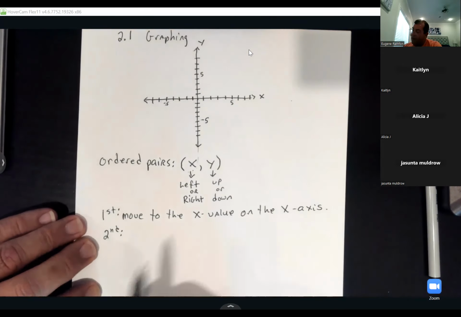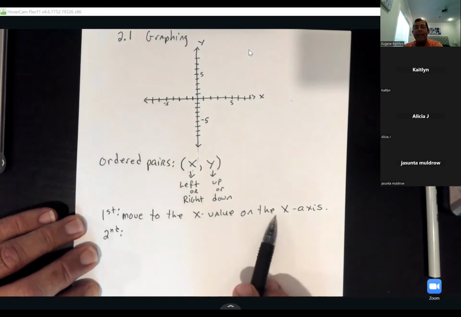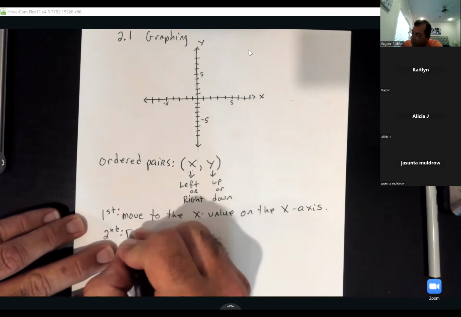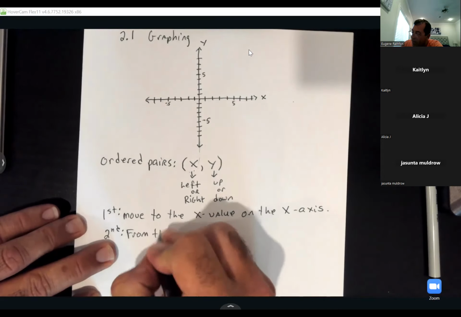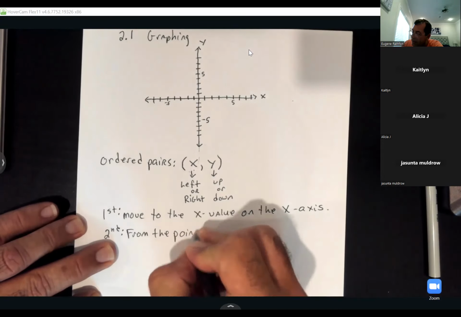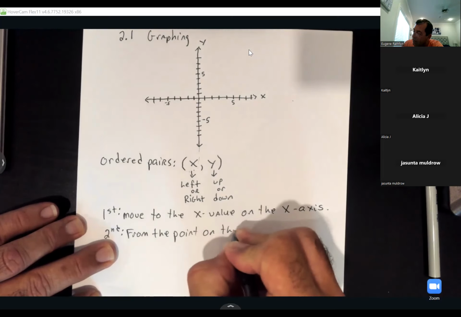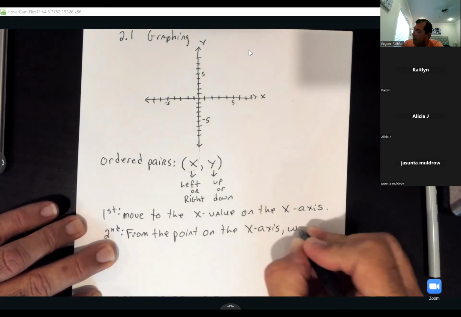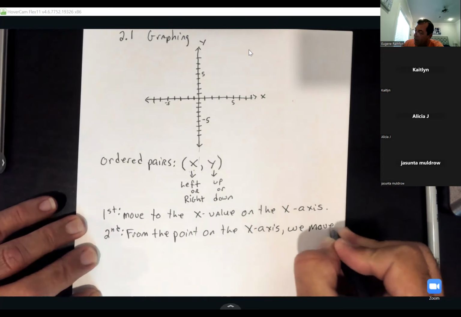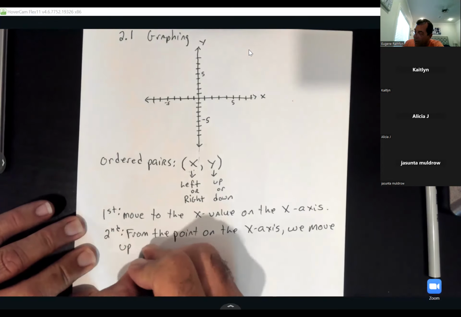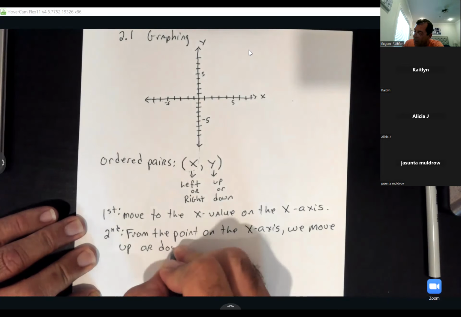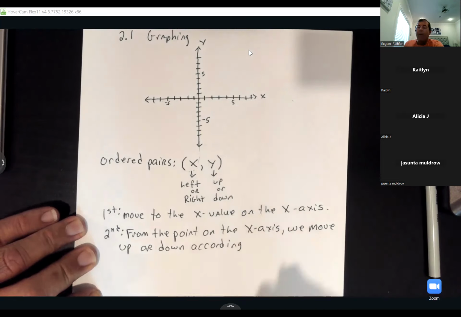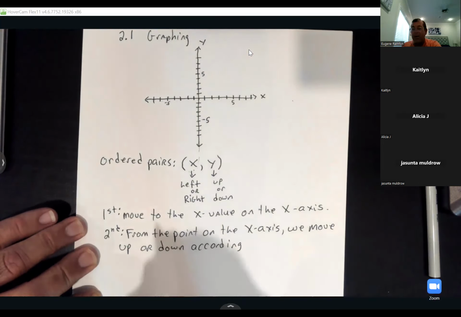So once I've moved on the X-axis to that X value that I needed, from the point on the X-axis, we move up or down according to the Y-axis, according to the Y value.